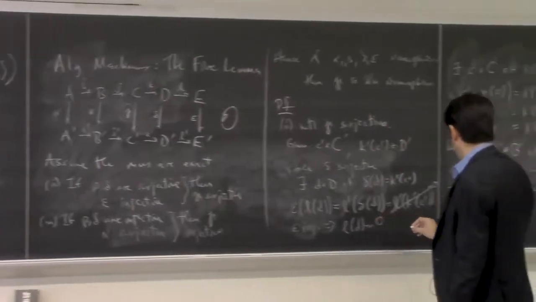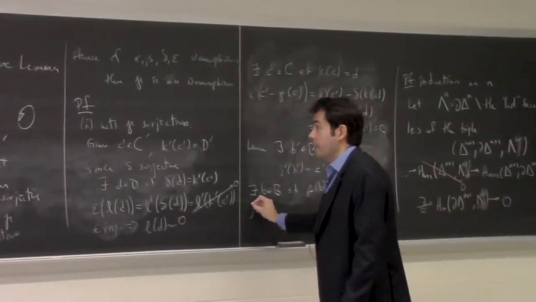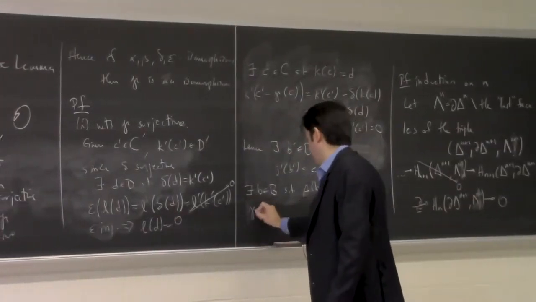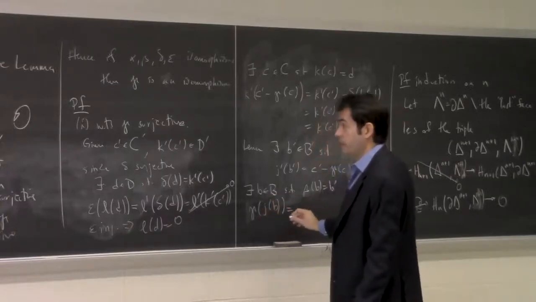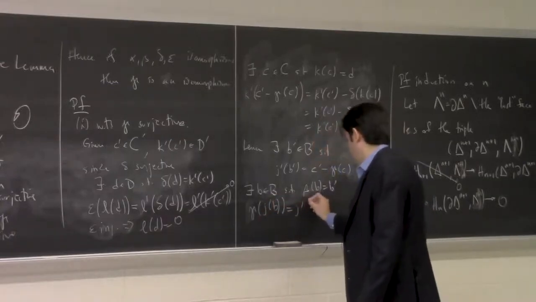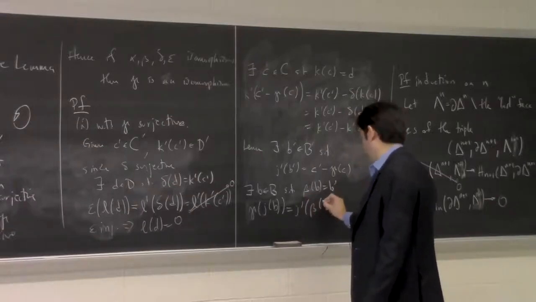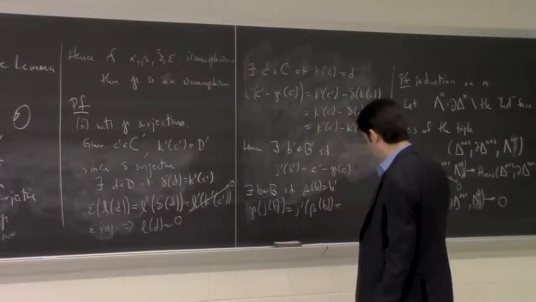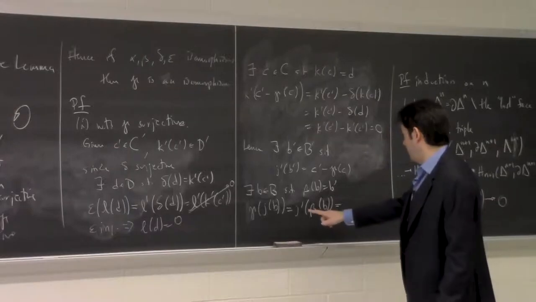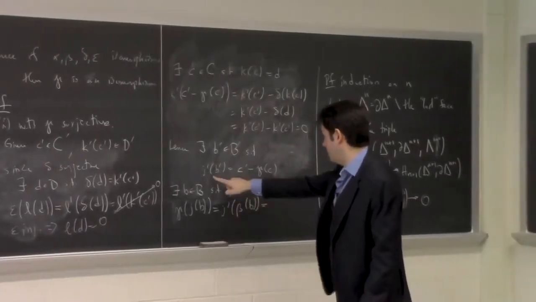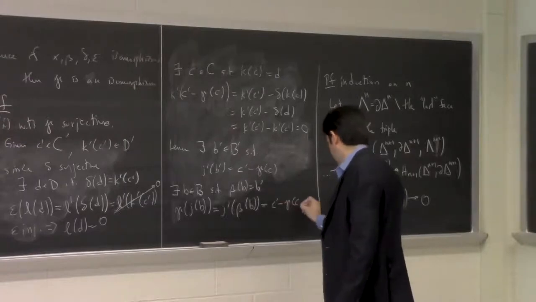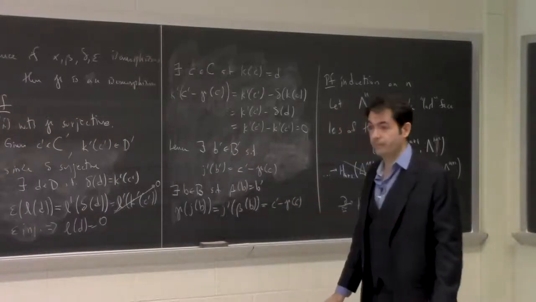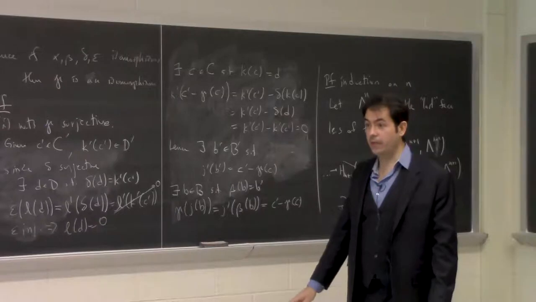So if you do gamma of j of b, that's the same as doing j prime of beta of b. So that's j prime of b prime, and j prime of b prime is equal to c prime minus gamma of c. OK?